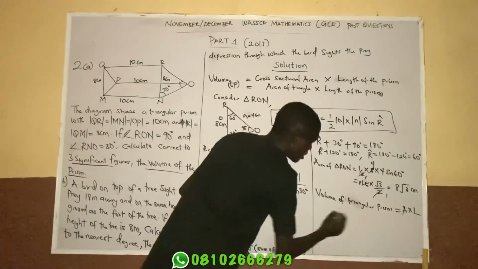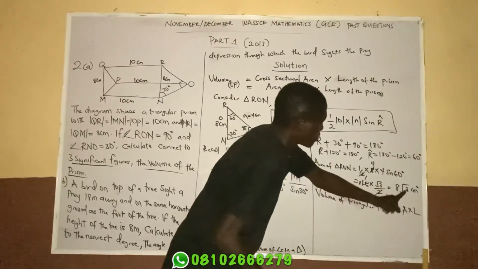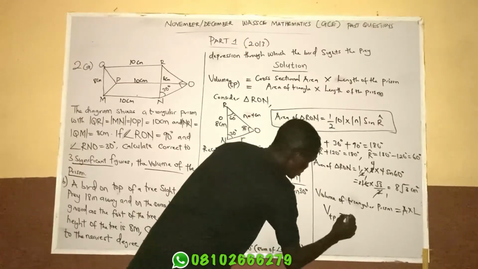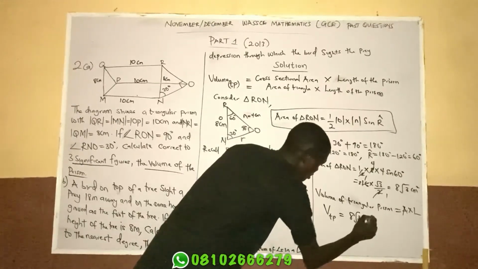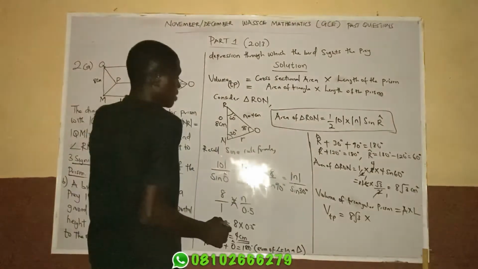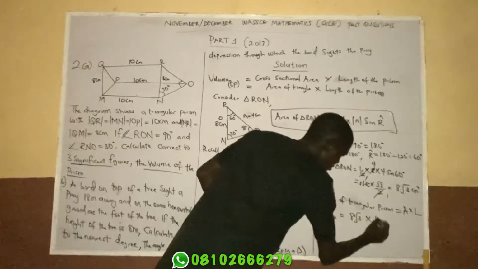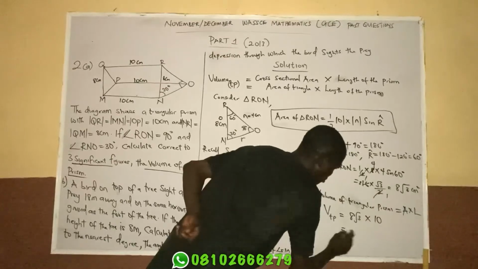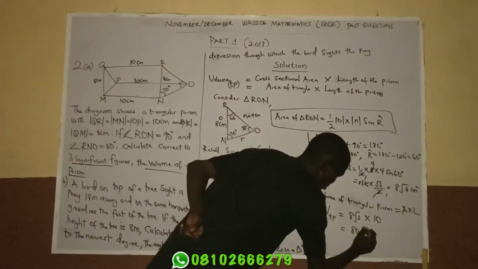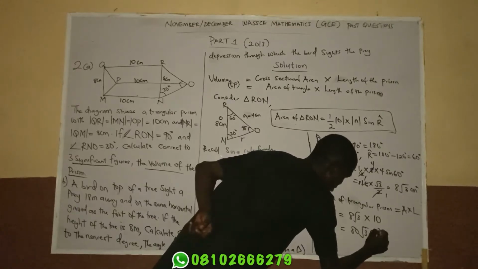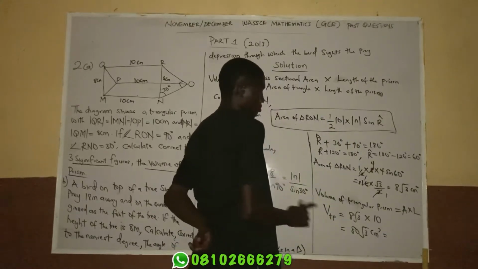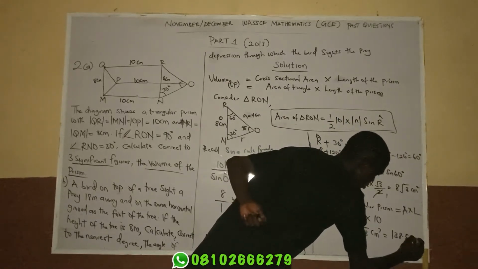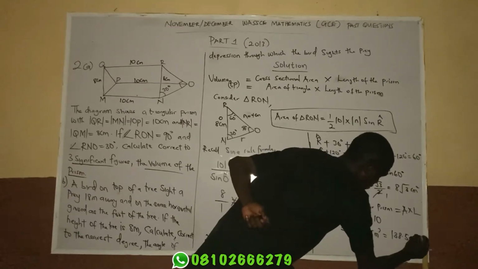So our area now is 8 root 3 centimeters square. So volume of the triangular prism will now be 8 root 3 multiplied by the length. The length is 10 centimeter. So the answer will now be 80 root 3 centimeter cube, which is equal to 138.56 something centimeter cube.